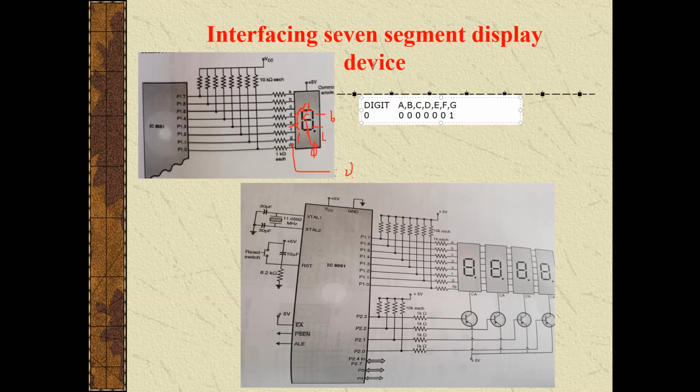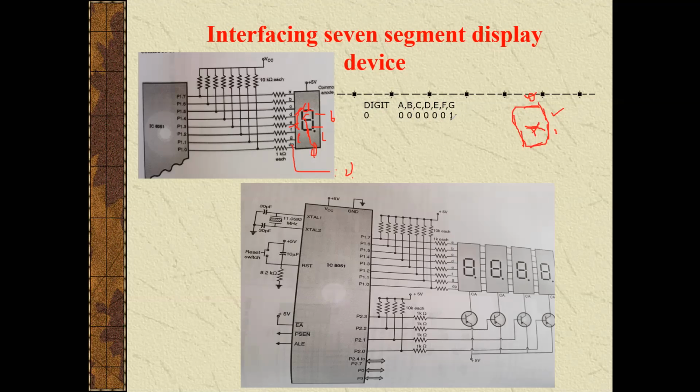This means A is low, which is nothing but this one glows. This one glows, this one glows, but this one does not, because we have to display 0. So the G LED should remain off.